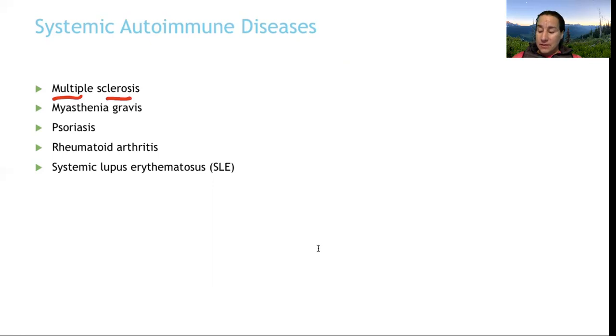Myasthenia gravis. I have another friend that's got this one. With myasthenia gravis, we learned that, okay, with your action potentials, right? We learned with muscles in AP1, the action potential is coming down the neuron, it's going to hit the bulb, we're going to have acetylcholine be released as this neurotransmitter that's going to go across the cleft, and it's going to hook up with the acetylcholine receptors on the muscle cell on the outside of it.